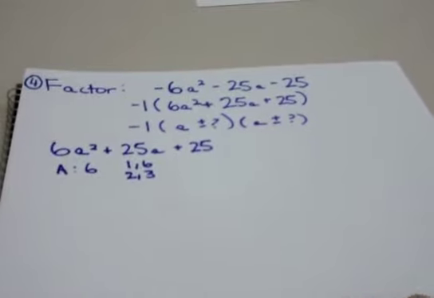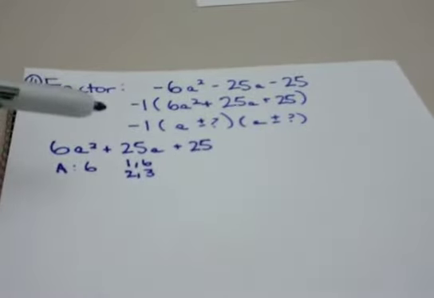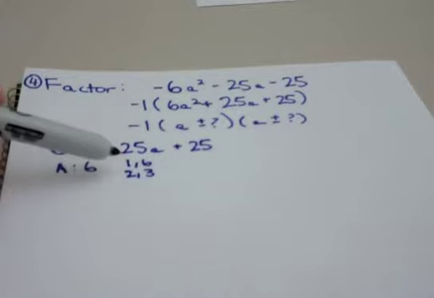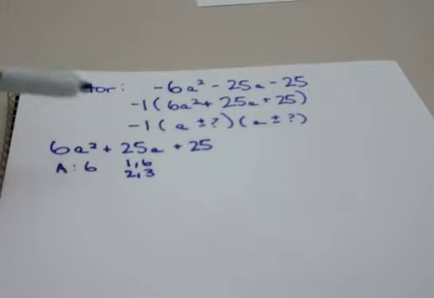And this is the first time that we've had more than one possible set of factors. But thankfully, because of the grouping method, it won't matter which set we choose, we'll still get to the correct answer.